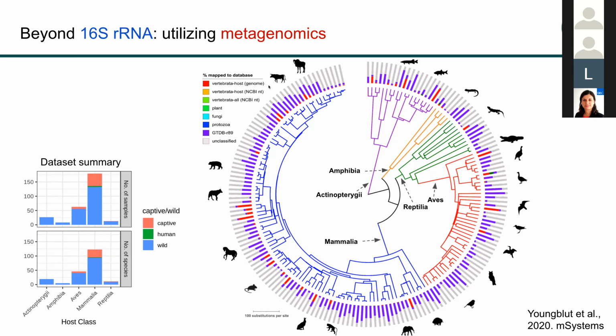Depending on the sample, there was actually a lot of host DNA included, and I tried to identify that using a number of different custom databases. Most reads map to the vertebrate host genomes that I was able to utilize for this, but I created a number of them, including all vertebrates, plants, fungi, protozoa. As you can see here in red, for some samples, a lot of the reads were classified as host.